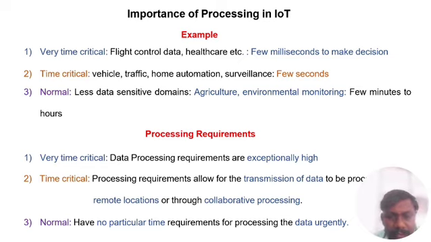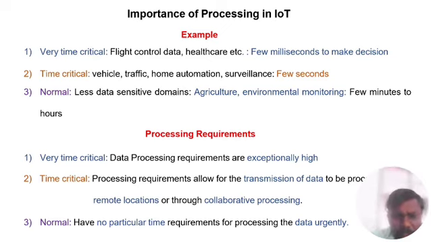For example, if you book a ticket, within a fraction of time the ticket will be completed in railway or flight. This is a very good example of very time critical. Time critical, where vehicle traffic and home automation are used, may take a few seconds. And normal may take a few minutes to hours, like agricultural systems and environmental monitoring.